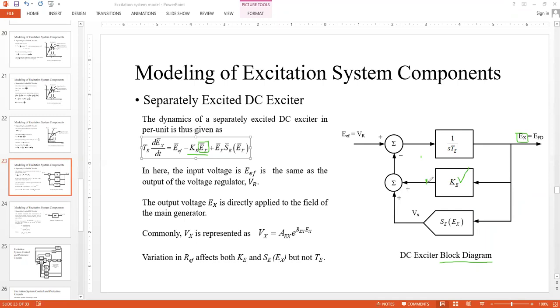So here we are getting KEEX. Then we have another EX getting multiplied with some function, the saturation function, of course in per unit. And this is again some nonlinear function. We'll look into it later on, how to deal with that. So SEX takes input EX and gives you the output of this multiplication.